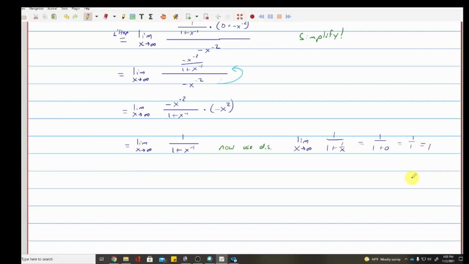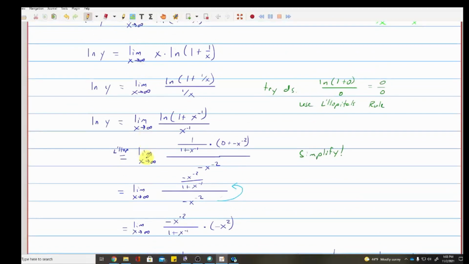What I need to be very careful about, and this is a great problem to illustrate why it's important that we're careful and deliberate when we're doing a problem, is to follow my chain of equals. This thing is equal to 1, that's equal to this thing, which is equal to this thing. And if I follow it back up, that's equal to natural log of y.